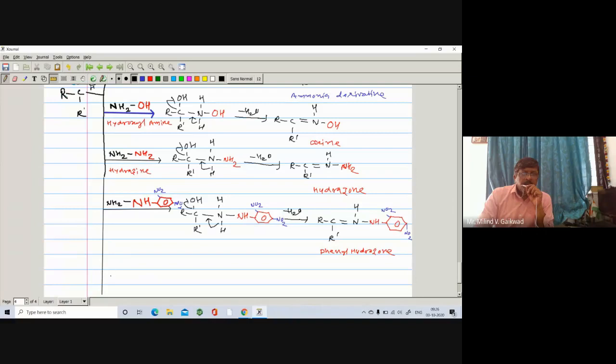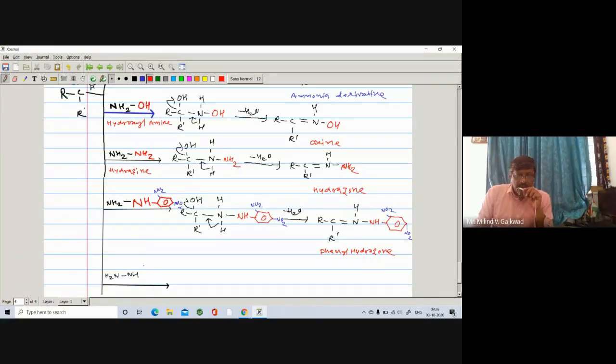Suppose you have such a type of compound. Here what you will do, I will take this NH2, N, and here is an NH, and you will replace it by the urea, semicarbazide.